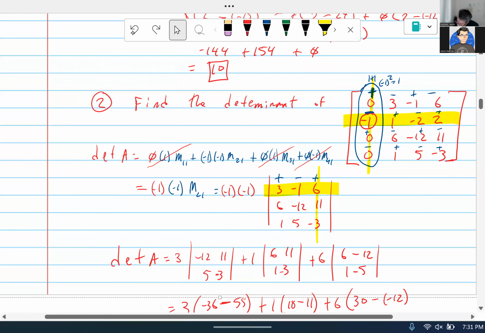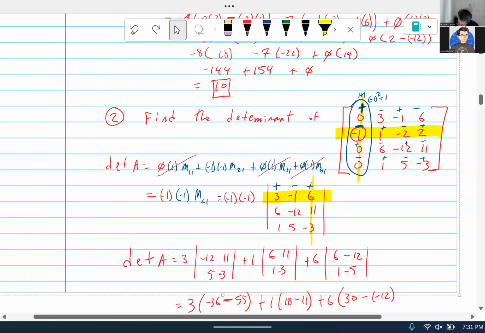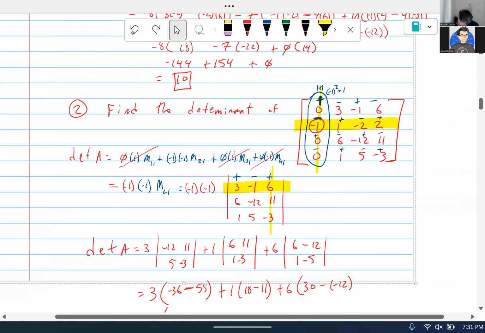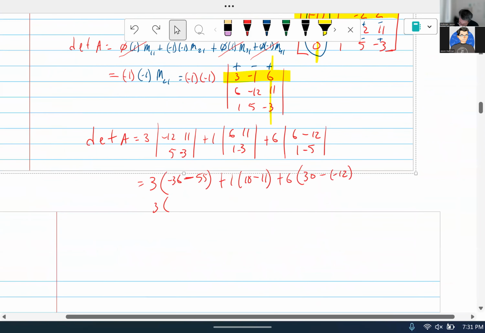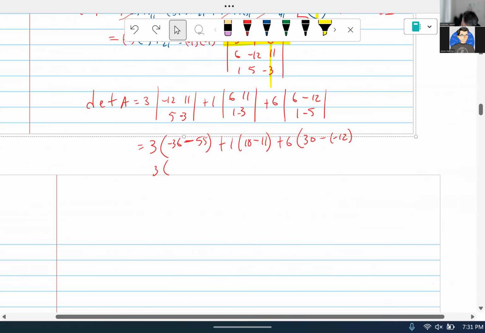Let's move that. Now we can go up. So this is going to be positive 36, sorry about that, and that's going to be negative 18. That's the only change there.